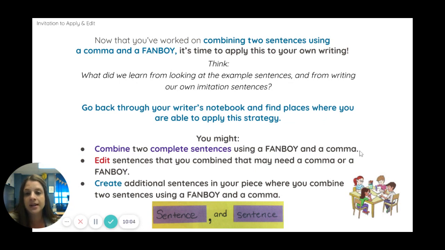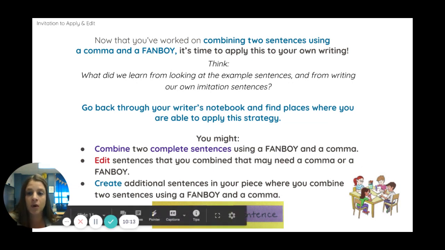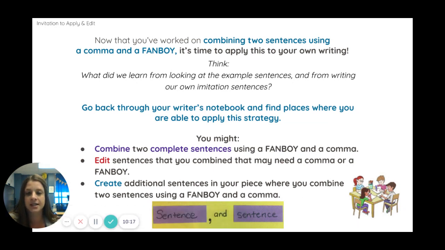So you might combine two sentences using a fanboy and a comma. You might edit sentences that you combined that may need a comma or a fanboy. Or you might even create additional sentences in your piece where you combine two sentences using a fanboy and a comma.